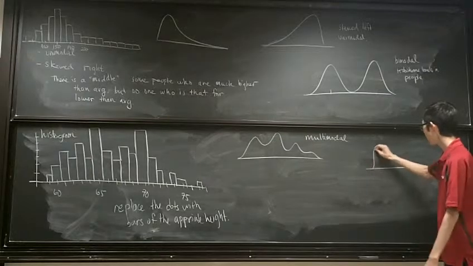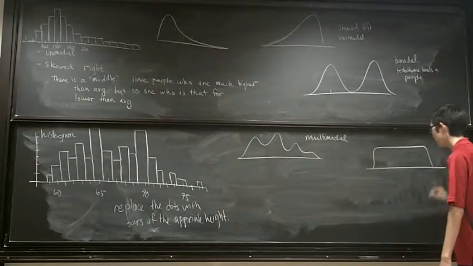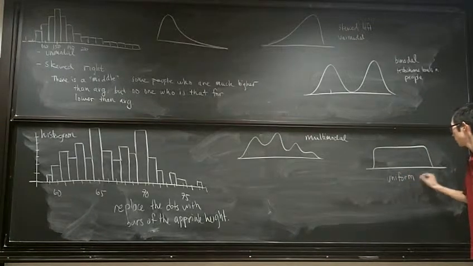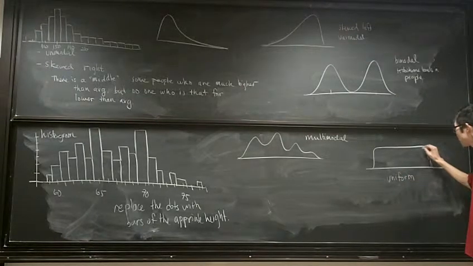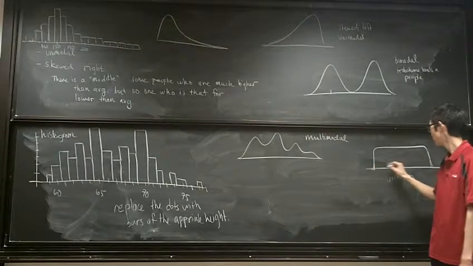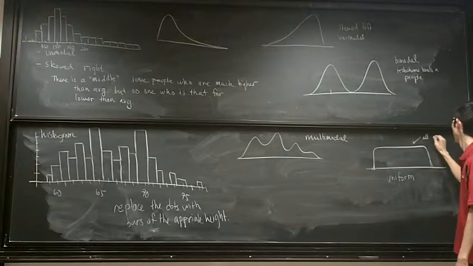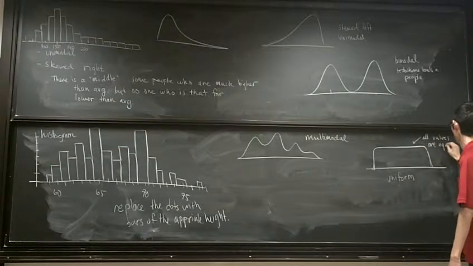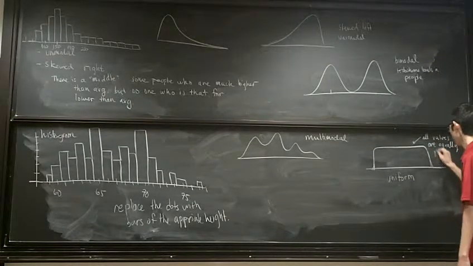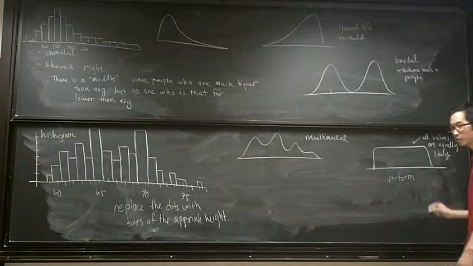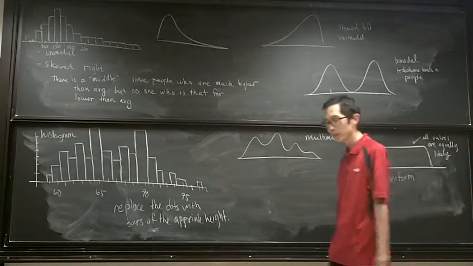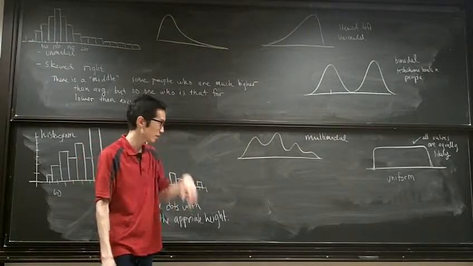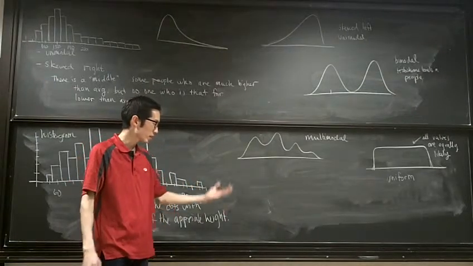And then sometimes you have something that looks like this. Okay, this is called uniform, and this pretty much says all values are equally likely. Okay. So this might be, what is the last digit of your cell phone number? Last digit of your phone number, okay?